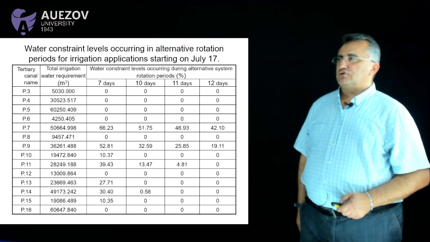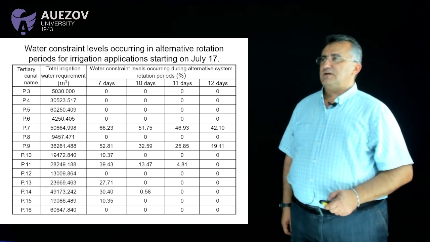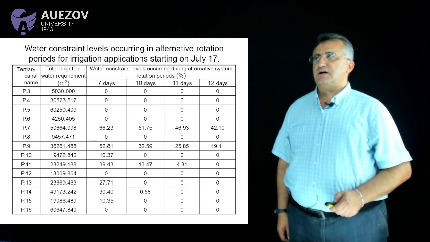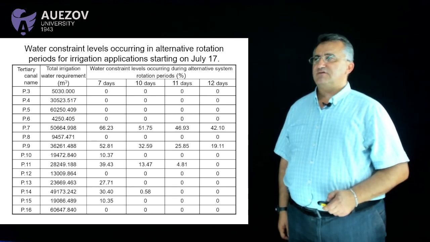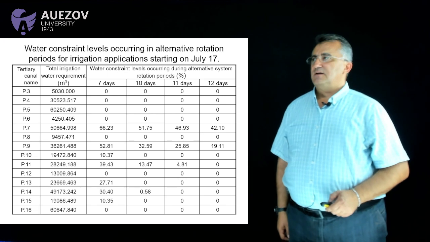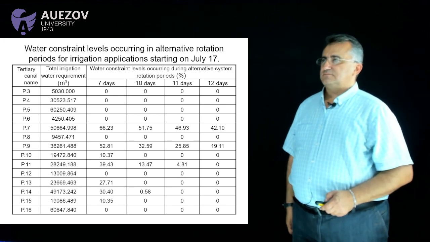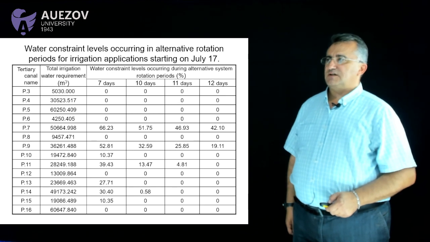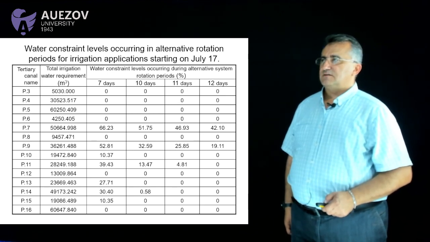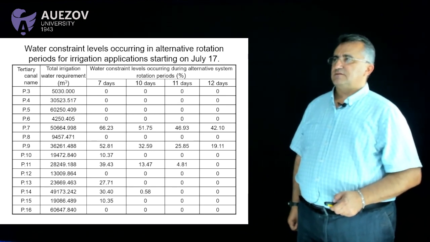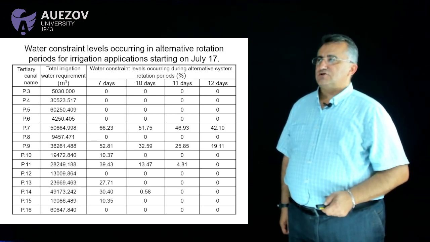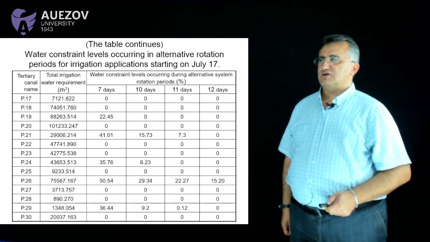Also, water constraint levels occurring in alternative rotation periods for irrigation applications starting on July 17 can be seen in the table below. Also, 7 days, 10 days, 11, and 12 days alternative rotation periods can be seen in this chart.